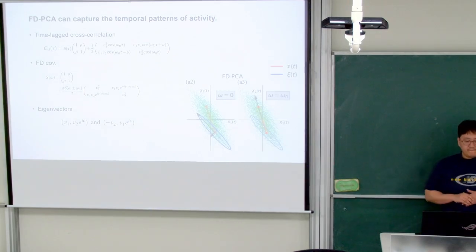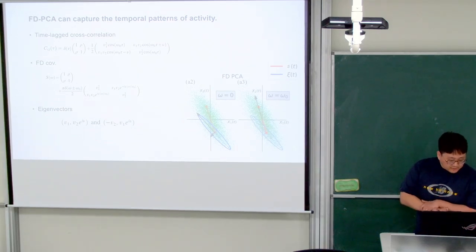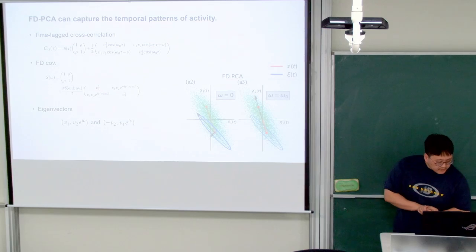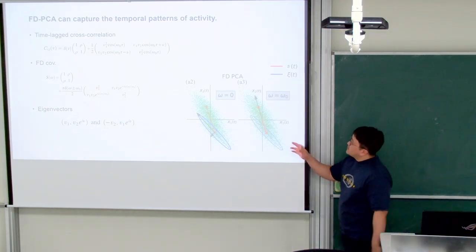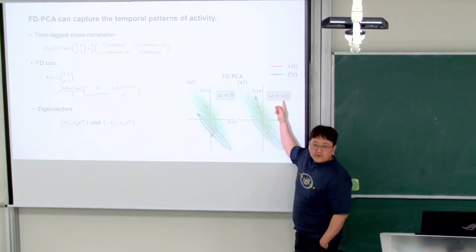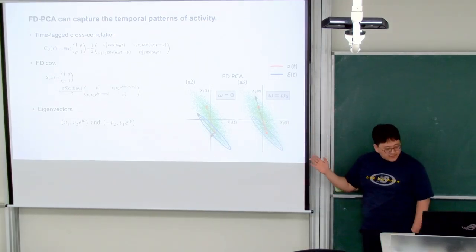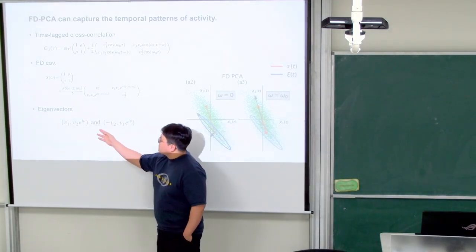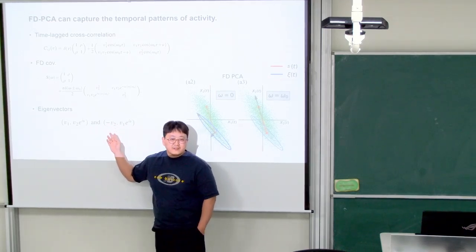And you can also calculate the eigenvectors. In this case, omega is not 0. Omega is omega 0. Then we can calculate the eigenvectors. The elements of this eigenvector are actually complex, right?